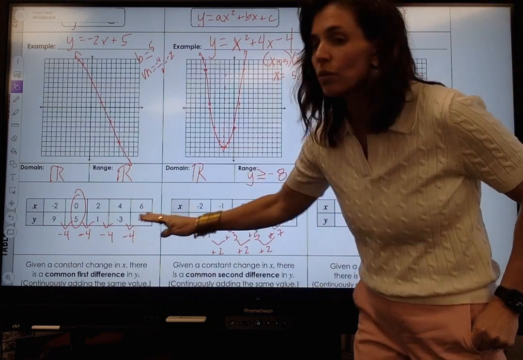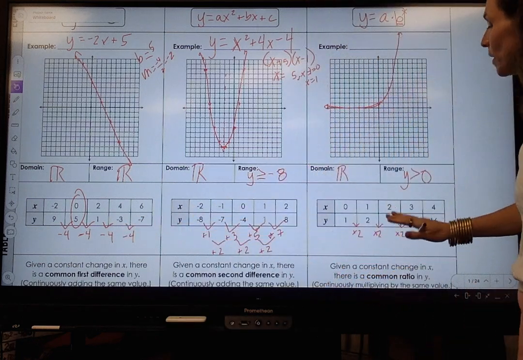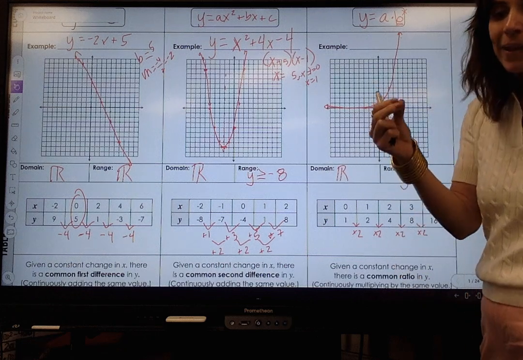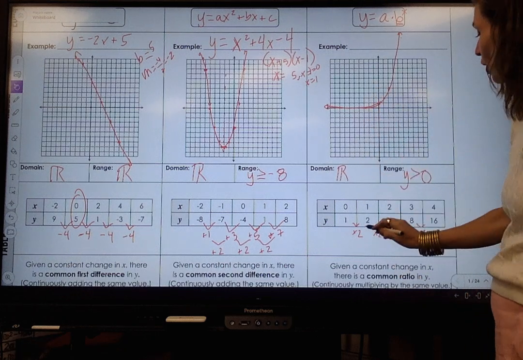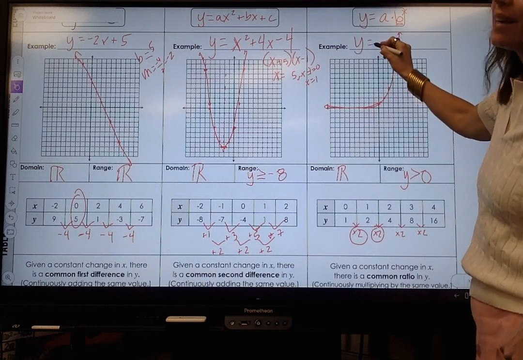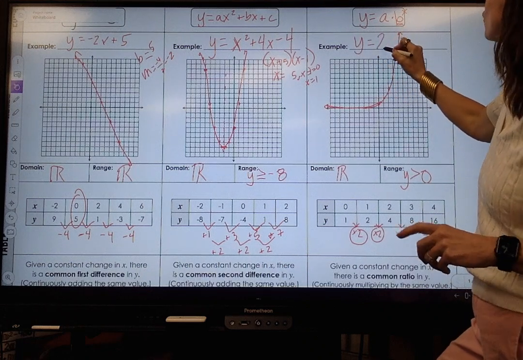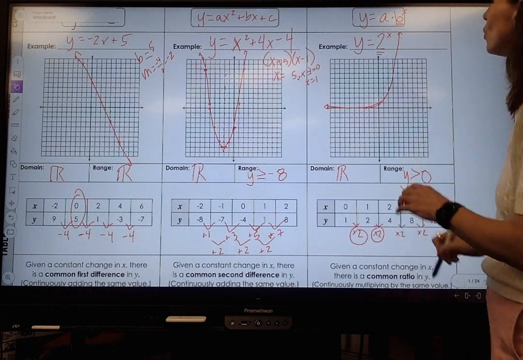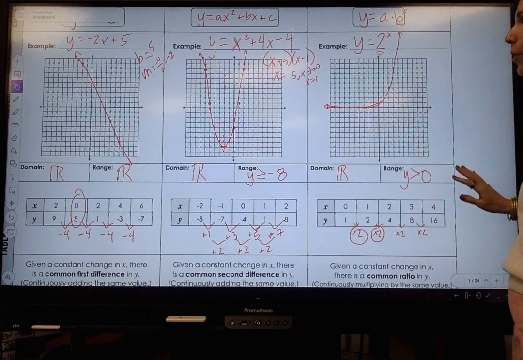Notice in the others we just added or subtracted, but on our exponential, it's that multiplication which makes it that common ratio. So 2 is my common ratio. So this is going to be y equals 2 to the x power because 2 represents that common ratio.